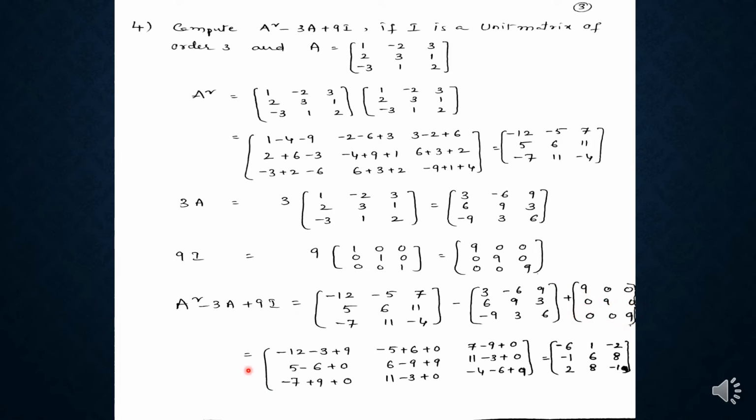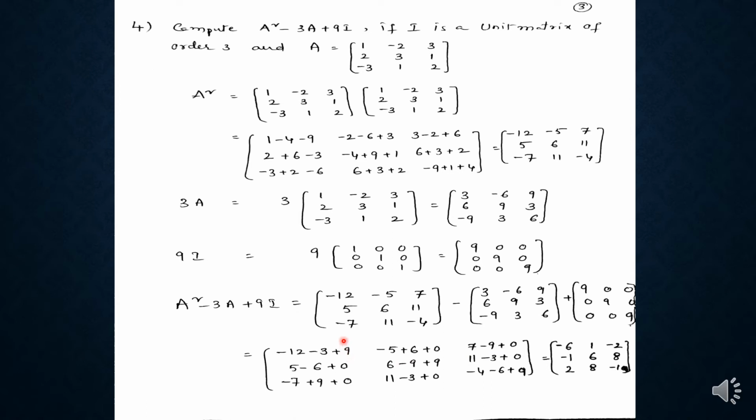Now add the corresponding elements from these three matrices. The first element is -12 - 3 + 9. The second element is -5, minus of -6 becomes plus 6, plus 0. Then 7 - 9 + 0.